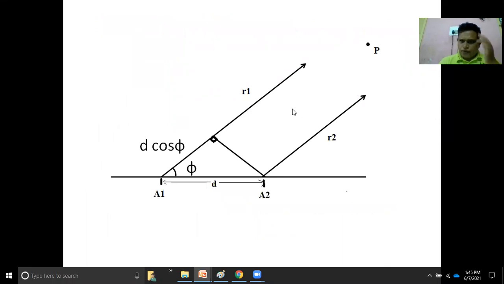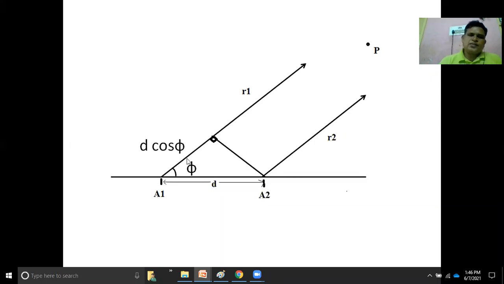We have to find the resultant electric field or magnetic field at the observation point P. We already know that the electromagnetic wave from one antenna has to travel more distance compared to the wave front generated by the isotropic antenna at A2. Let us say this is R2 and this is R1. R1 is always greater than R2.